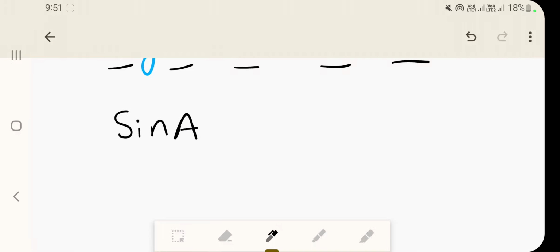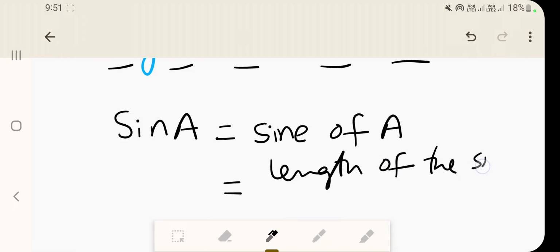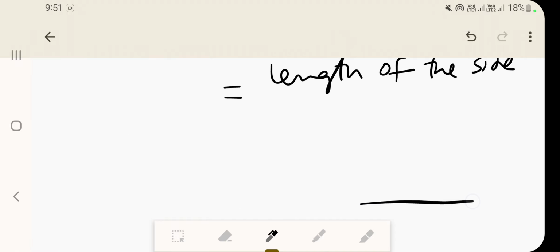So here we have different ratios. Sine of A, or we can write it as sin A. By definition, it is nothing but the length of the side opposite to the angle A. For example, here I will draw the triangle like this.